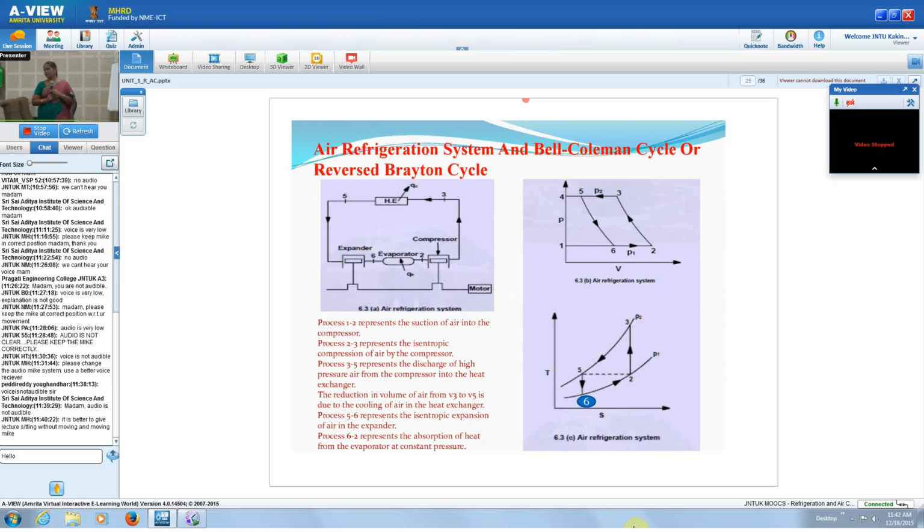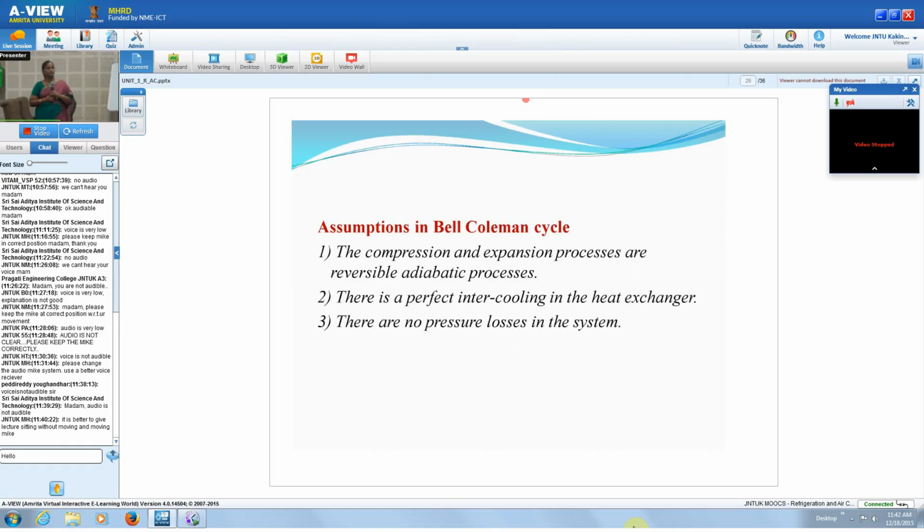With this you can also find the COP of the Bell-Coleman cycle, which is the ratio of the refrigerating effect produced in the evaporator to the work input. Work input is the work required by the compressor minus the work done by the expander.